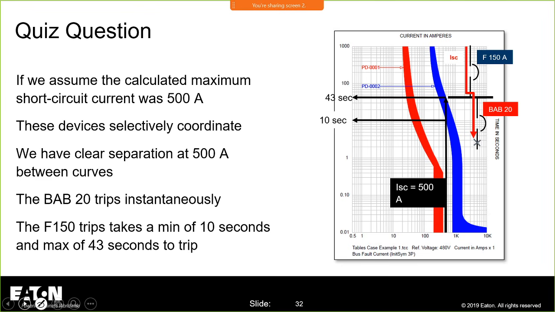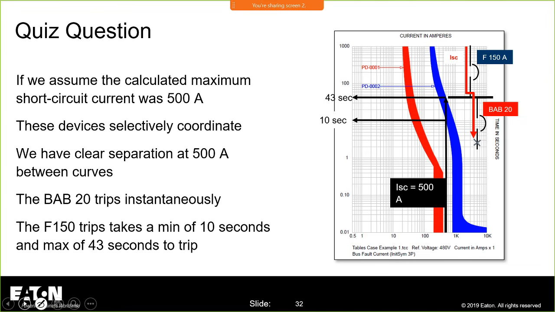I know from reading this trip curve that the downstream BAB20 is going to trip instantaneously, because the curve hits 0.01 seconds, which means it will trip probably faster than 0.01 seconds. But the blue breaker, the F-150, the breaker, not the truck, is going to take anywhere between 10 to 43 seconds to trip. So if my fault current is 500 amps, I can say, yes, I selectively coordinate.